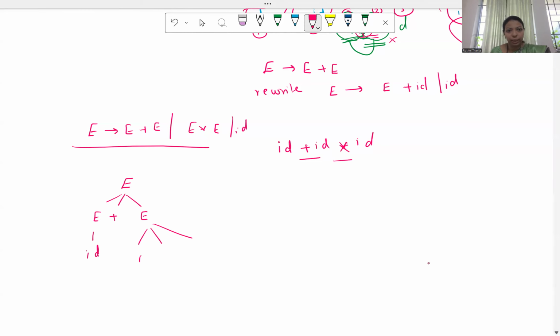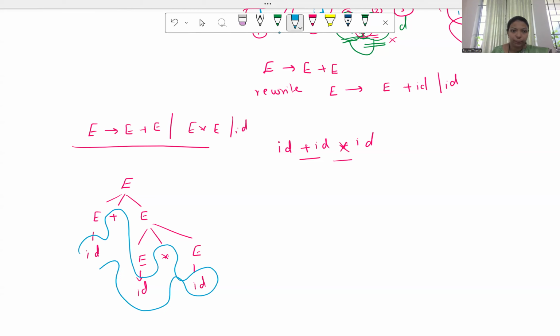For this, I'm going to take the second production, E into E. Now this E is derived into ID and this E is derived into ID. So we got the output, right? ID plus ID into ID. So we got the desired output string.